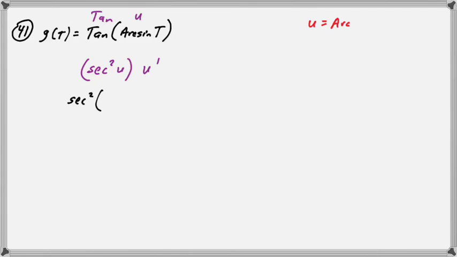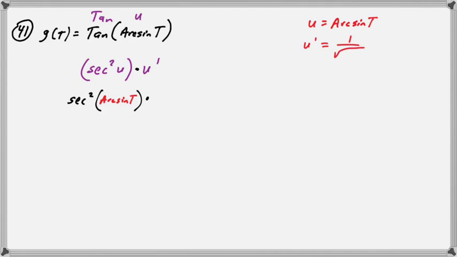What does it appear that u is here? U appears to me to be arc sine of t, right? So the u here, I'm going to put arc sine of t. Now times u prime. If u is arc sine of t, what's u prime?